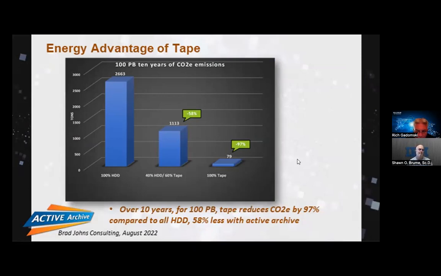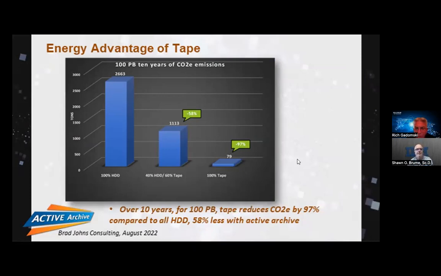And again, this is a 10-year study looking at 100 petabytes. And what Brad has found is that in the total life cycle, there's a 97% reduction in CO2 when you're using an all tape system compared to HDD. Now, the bar in the middle contemplates an active archive where 40% of your data is still on primary storage, say HDD in this case, and 60% has moved to tape.